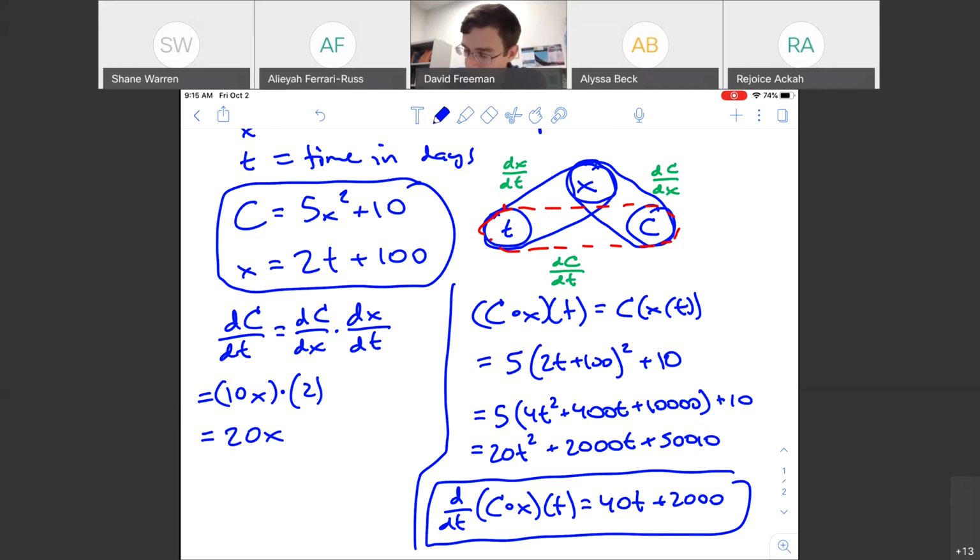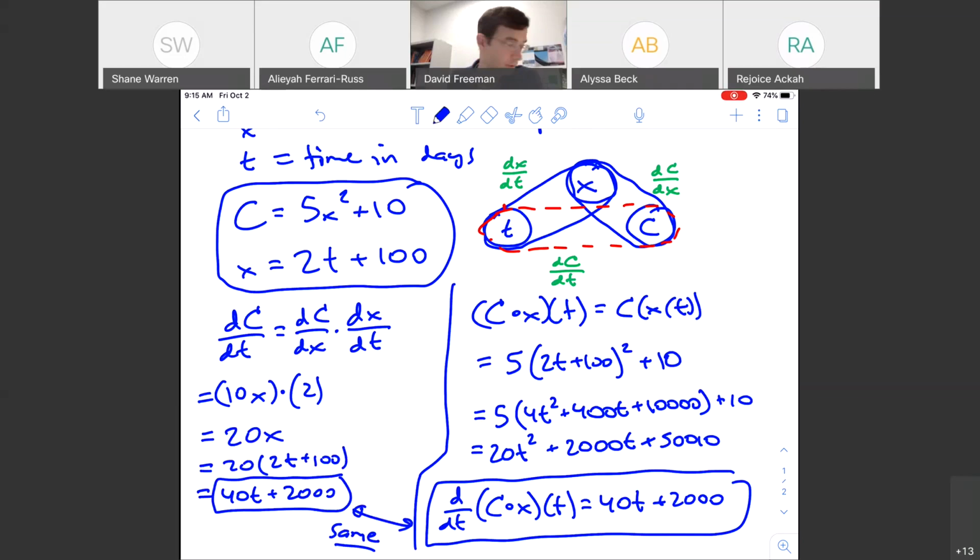So we get 20x, and if we plug the formula in for x here, because we want to end up with the t variable, then with 2t plus 100 we get 40t plus 1,000. So notice, they're the same.